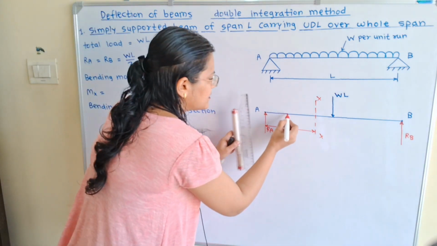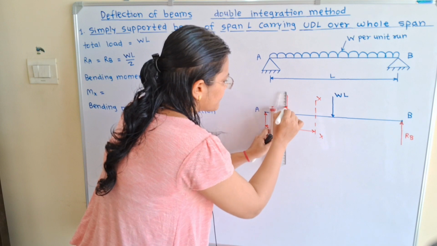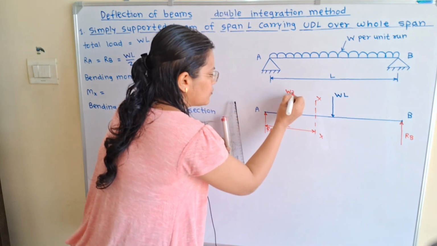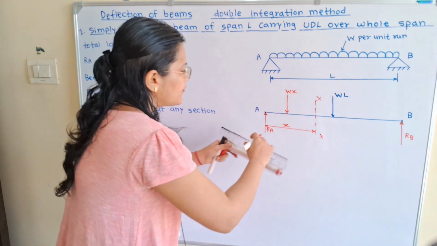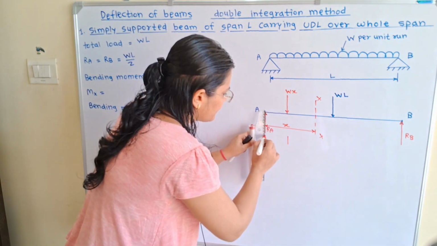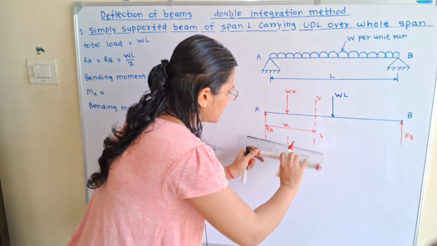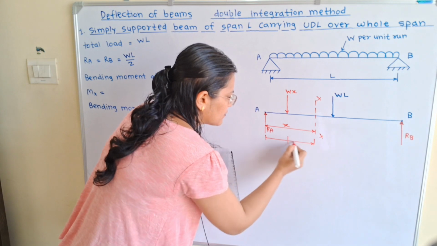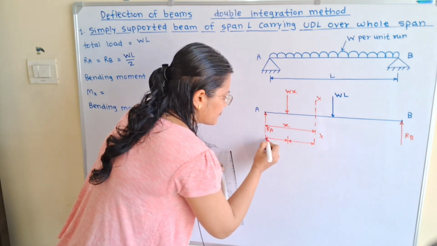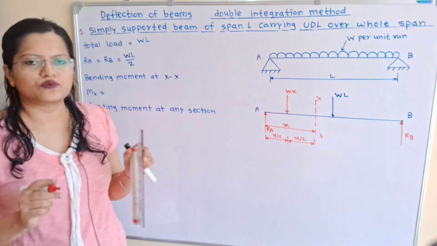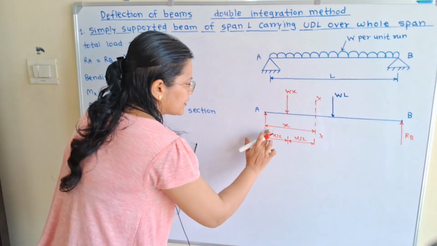So we will select the center point and show the load equal to W into x. The distance from end A to the center is x by 2, and from the center to section XX is also x by 2. I will show RA here.